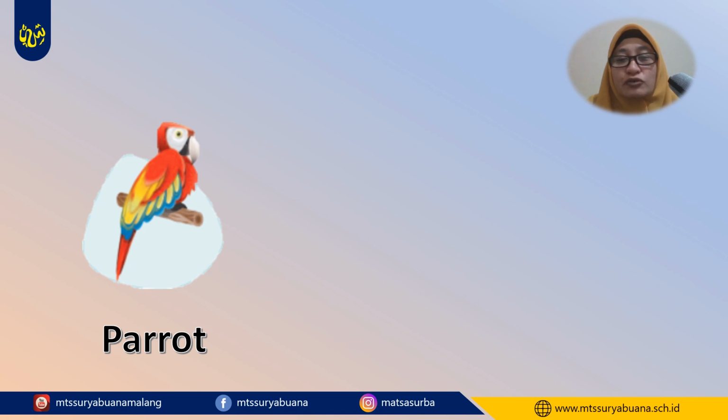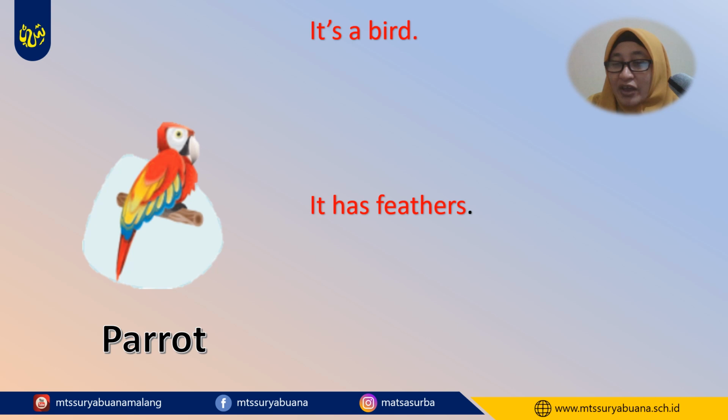Now let's continue talking about questions and answers related to describing animals. We will use the same animal, still about parrot. Now let's see. It's a bird, right? And it has feathers. And it has got 2 wings.